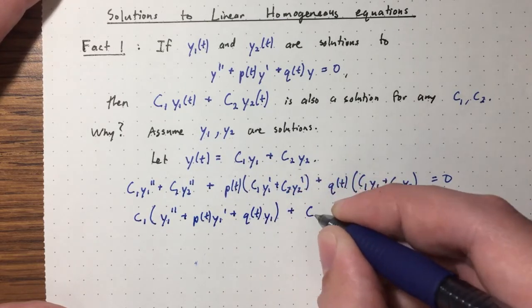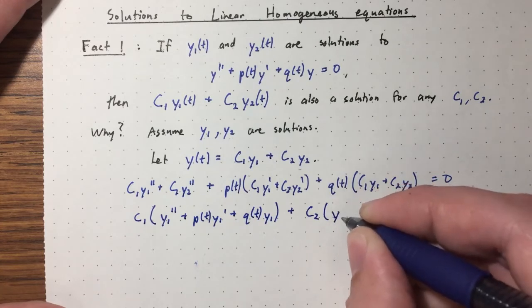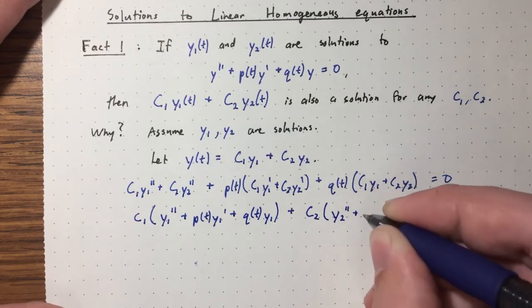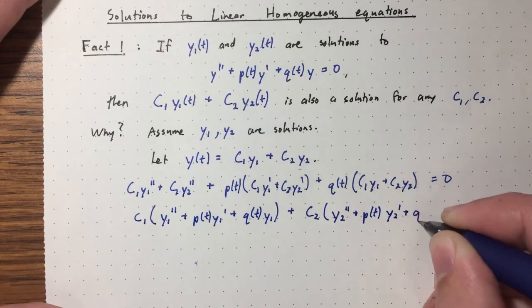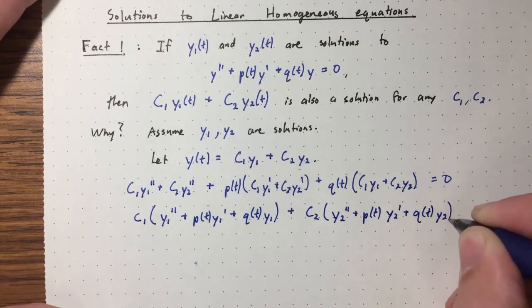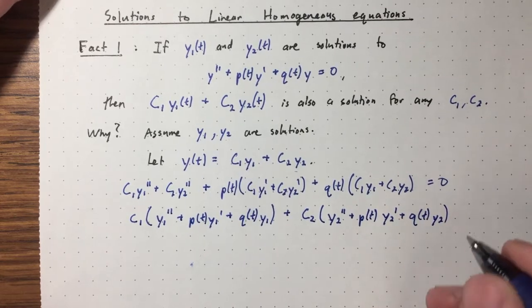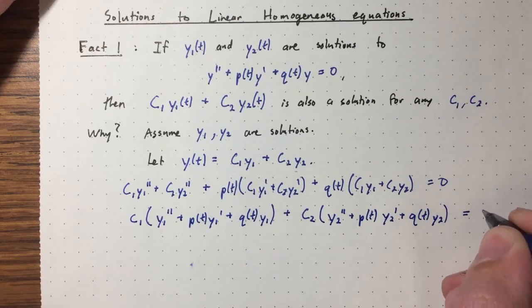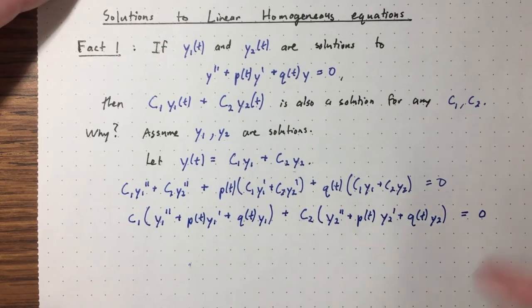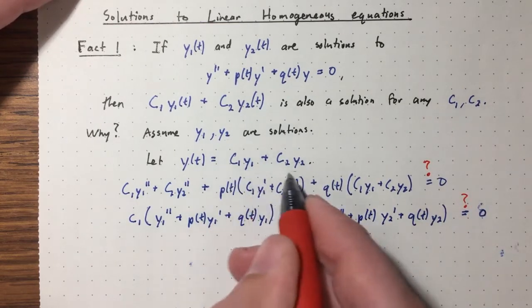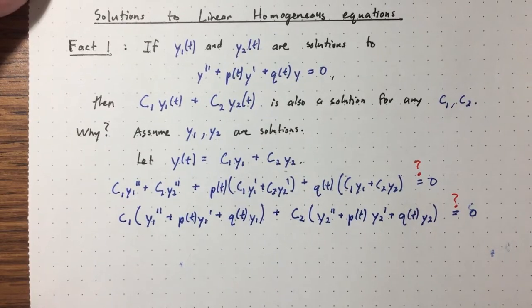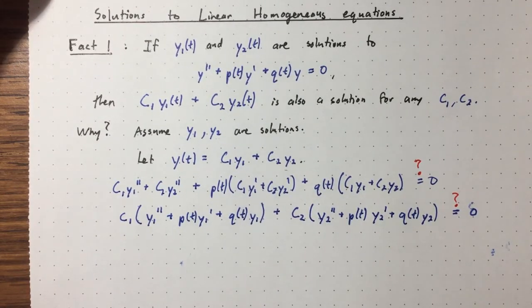And then we have plus c2, and I'll factor that out too, times y2 double prime plus p of t times y2 prime plus q of t times y2. I actually don't know if that equals 0 yet. This is what I want to show. I want to show that this is a solution. That's why I'm plugging it in. I want to show that I actually get 0.